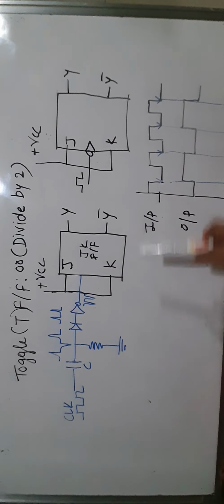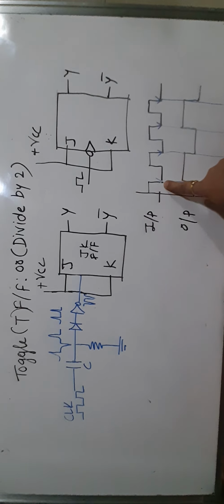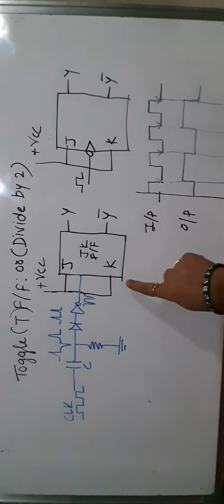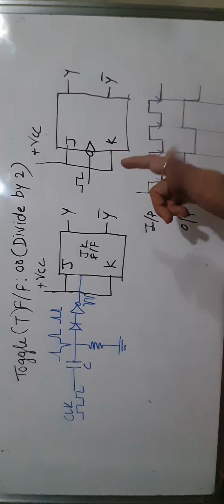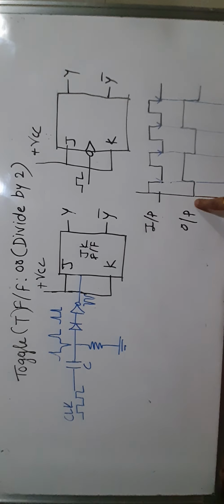Now let's see the input. As this is a negative edge triggered flip flop, the output will change only when negative edges are detected. As this is a toggle flip flop, the output will change from 0 to 1, 1 to 0. So initially let's consider the output was 0, and when the negative edge is detected, it changes from 0 to 1. But it remains so until the next negative edge is detected.